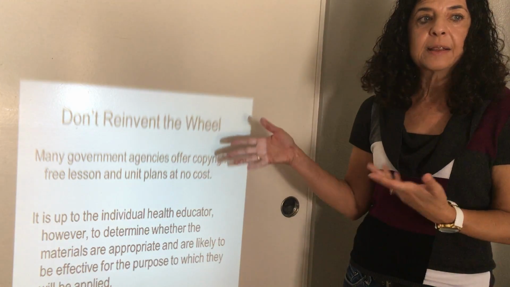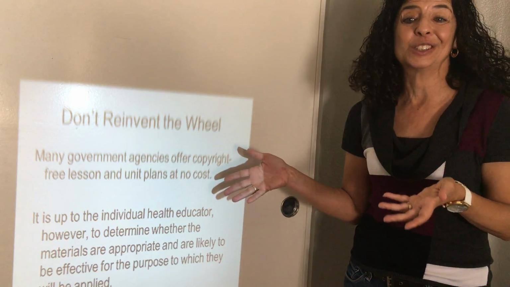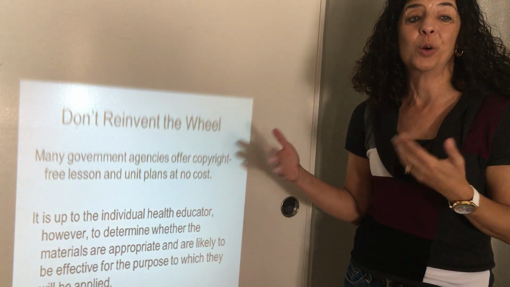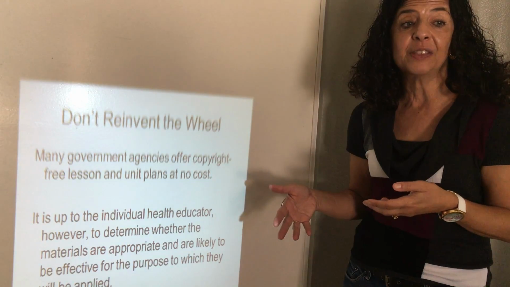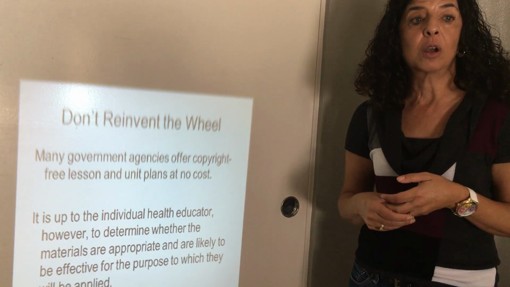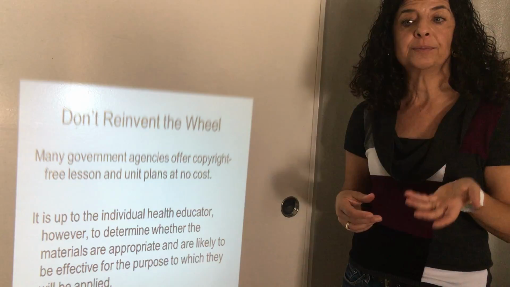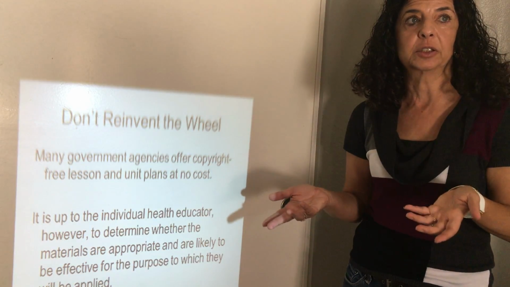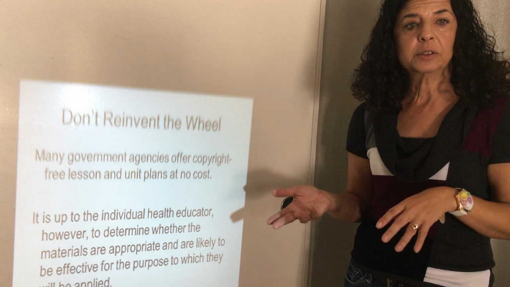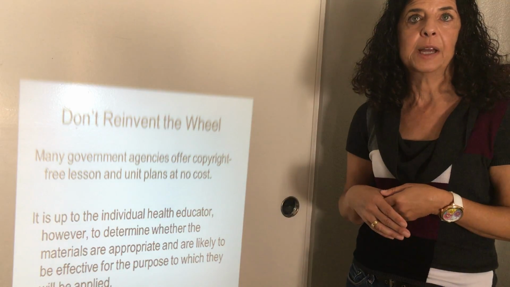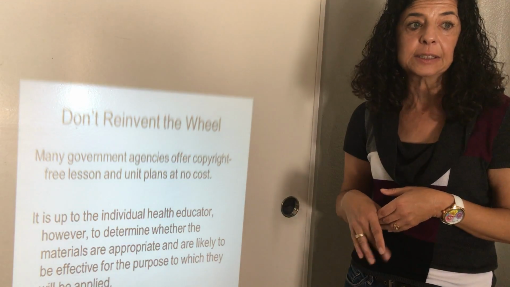So, like I started to say, there's lots of different sources that are already out there, so you're highly encouraged to not reinvent the wheel. A good Google search will sometimes lead you to already developed curricula, but you can also go onto the Centers for Disease Control websites.